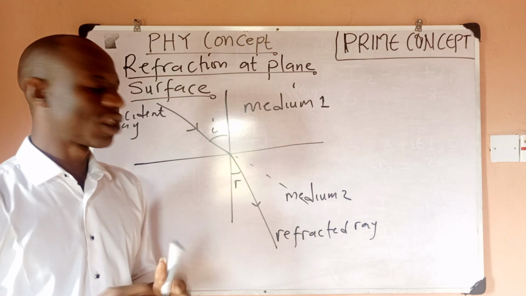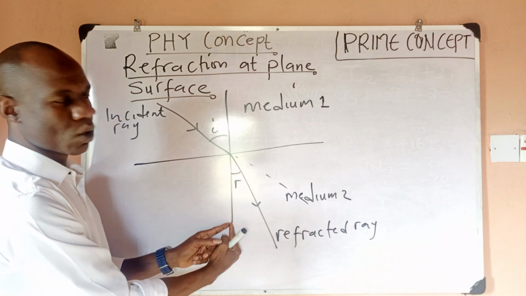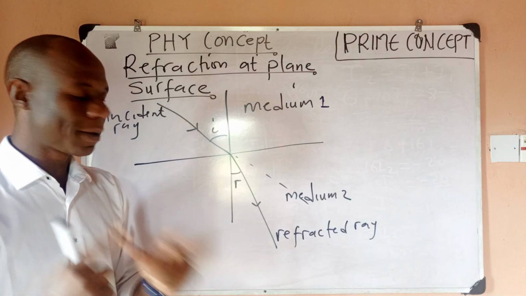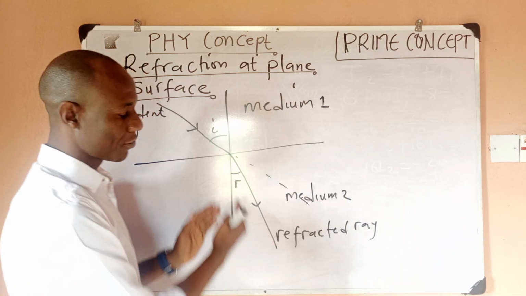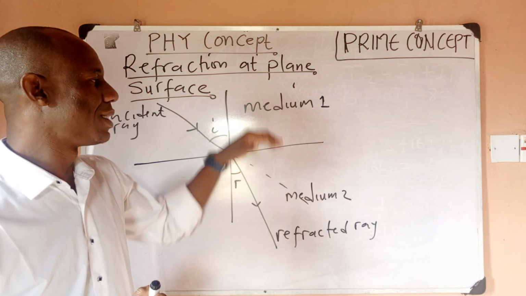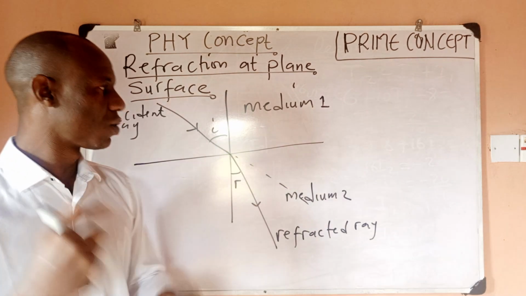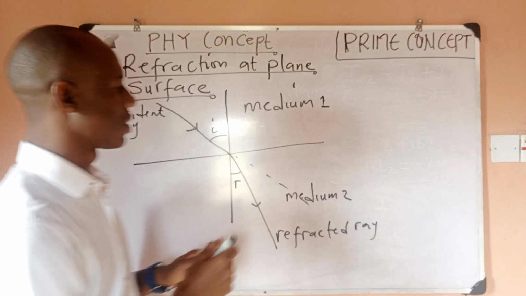We can have a condition where our refracted ray would bend towards our normal, and another condition where our refracted ray would move away from our normal. The behavior would depend on the nature of the media you are dealing with. So I want to state those two conditions very quickly so that you note them.